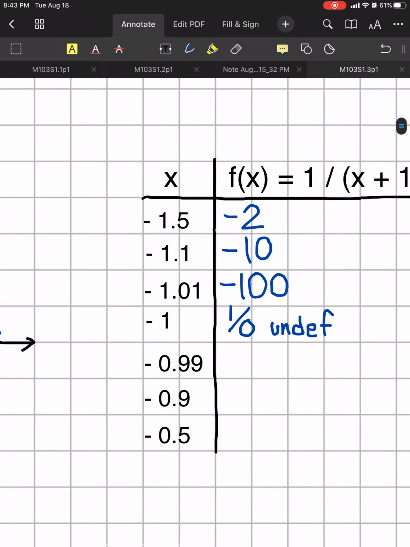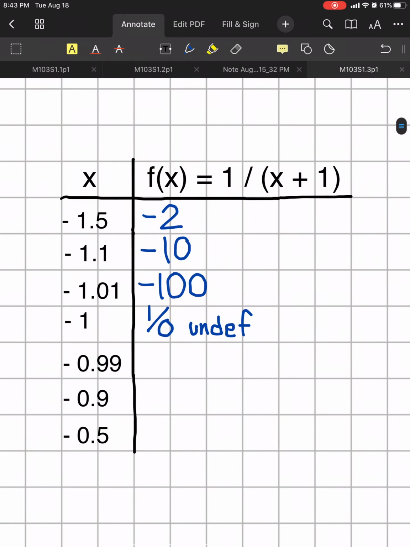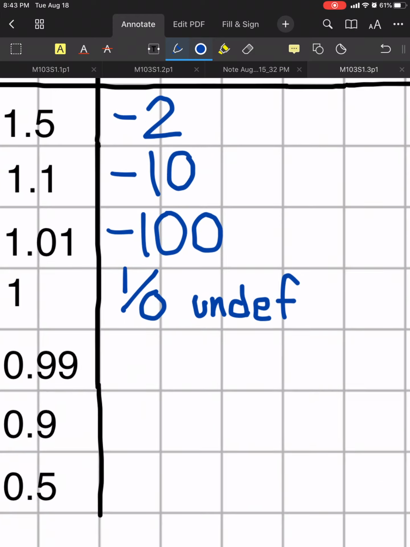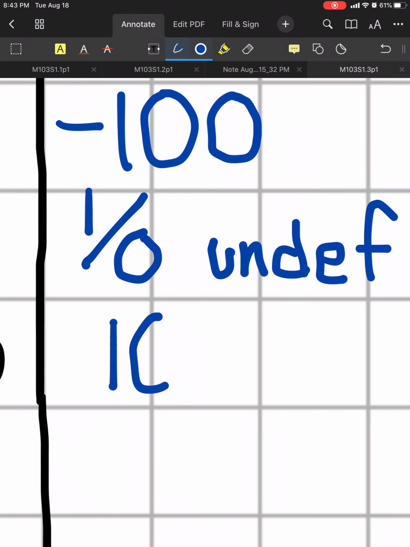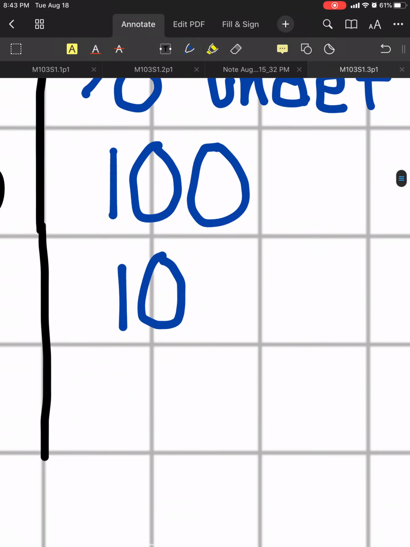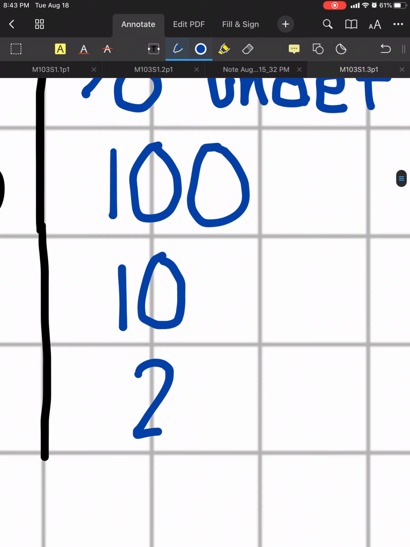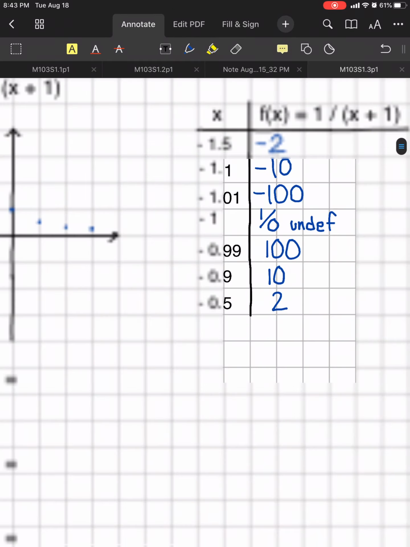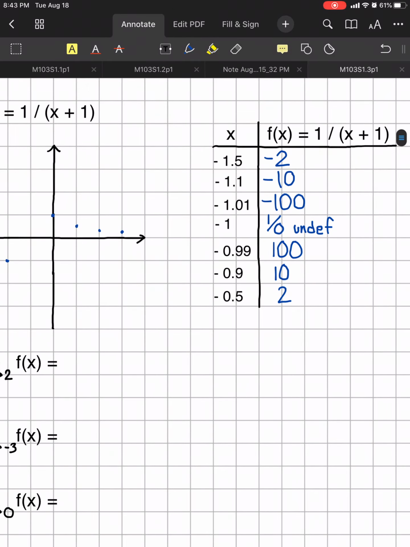If you plug in the ones down below, you'll see that you get similar answers, except these will all be positive. Hopefully you filled it out already, so here we go: 100, 10, and 2. Now you'll see that some of these are easier to plot on our graph than others.